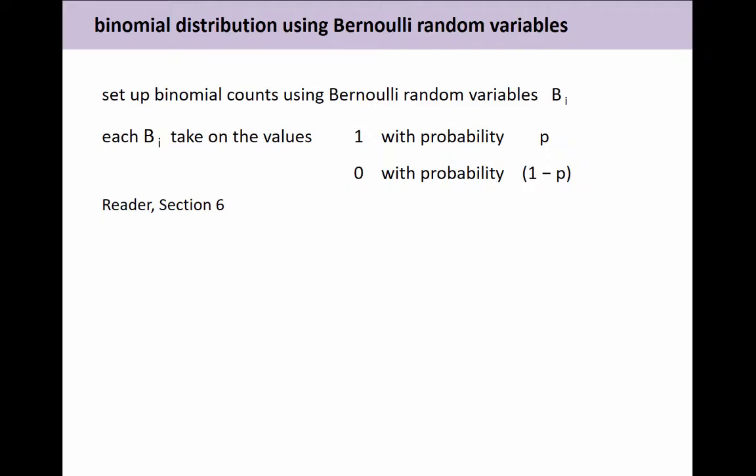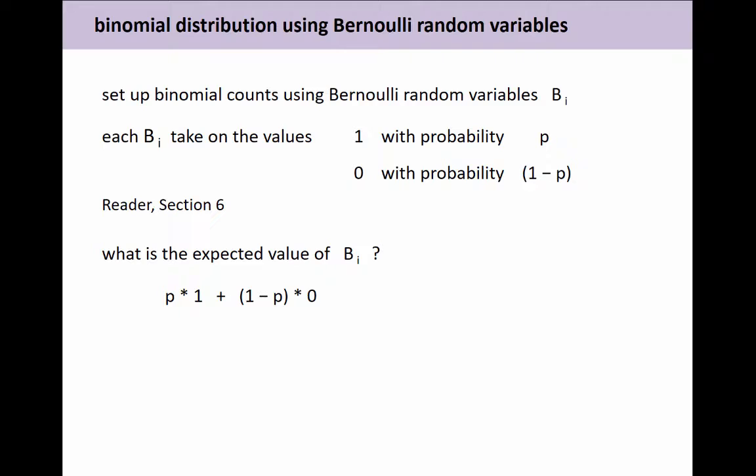So practicing in section 6 of the reader some of the theory we worked out for random variables in our week 3 materials, we could ask a question like, what is the expected value of b sub i? And that's simply going to be a probability weighted sum of the two possible values.